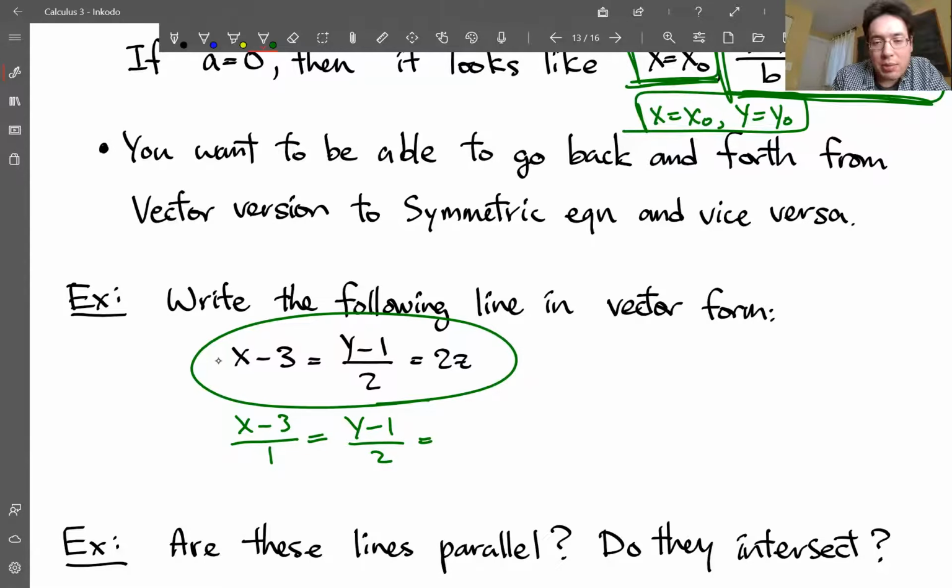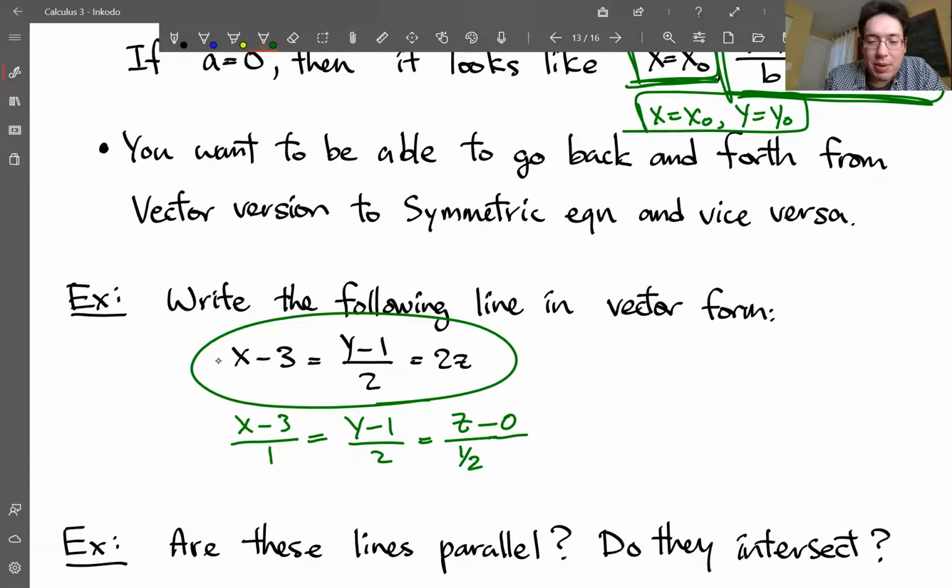And here I have a 2 in front of a z. If you have a coefficient in front of a z, multiplying by 2 is the same thing as dividing by 1/2. And nothing is subtracted from the z, so you're subtracting 0 from z.